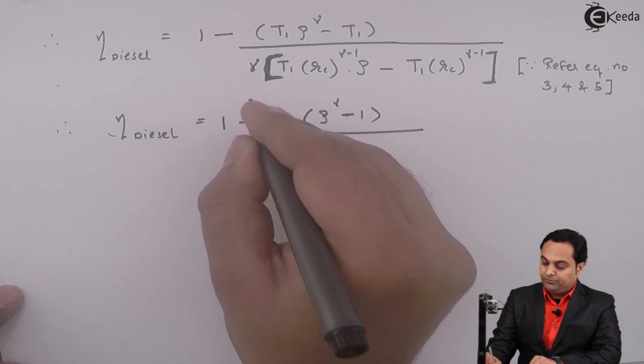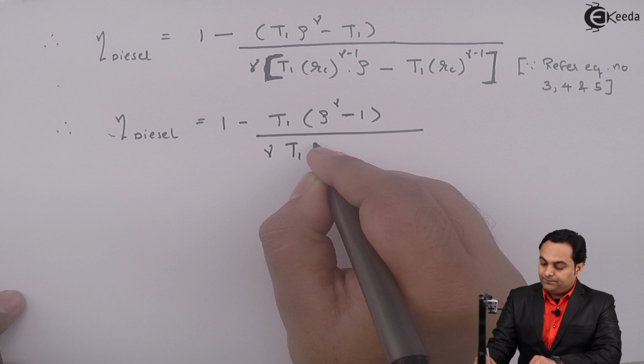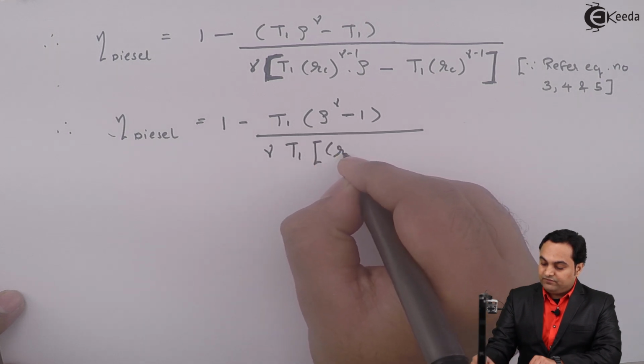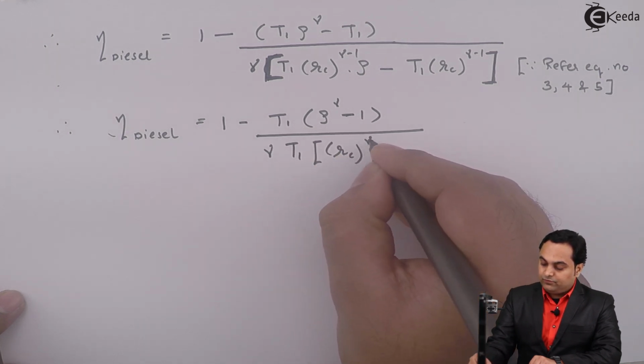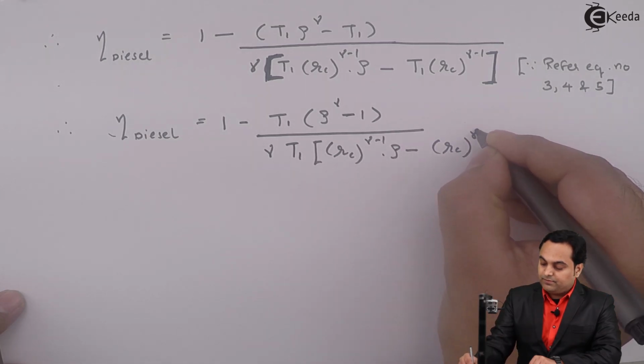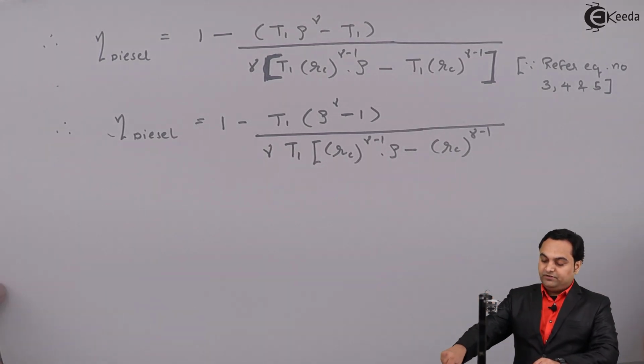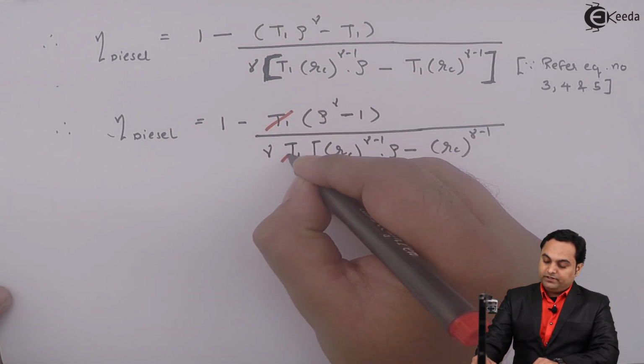Then in the denominator we have gamma. Here again T1 I can take common. And next we have RC raised to gamma minus 1 into rho minus RC raised to gamma minus 1. So from numerator and denominator T1 will get cancelled out.